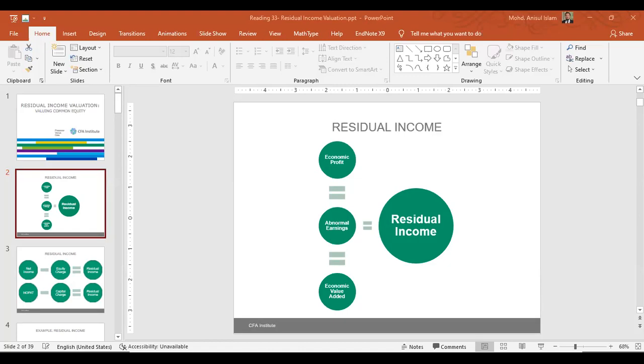So let's discuss the rationales for which the price to sales ratio is likely to be used. One of the very first points is that, compared to EPS, which is the denominator in the price to earnings ratio, and book value, which is the denominator in the price to book value ratio, the denominator here is sales.